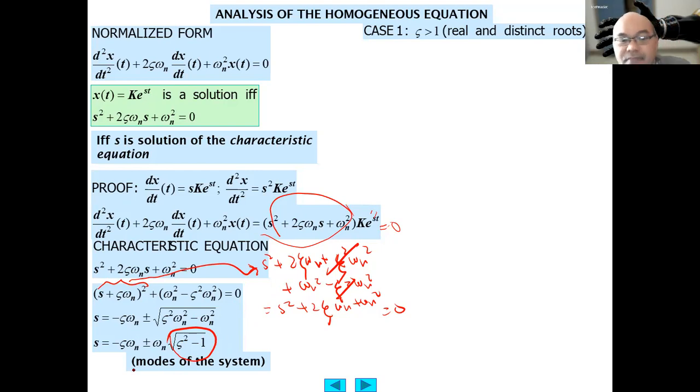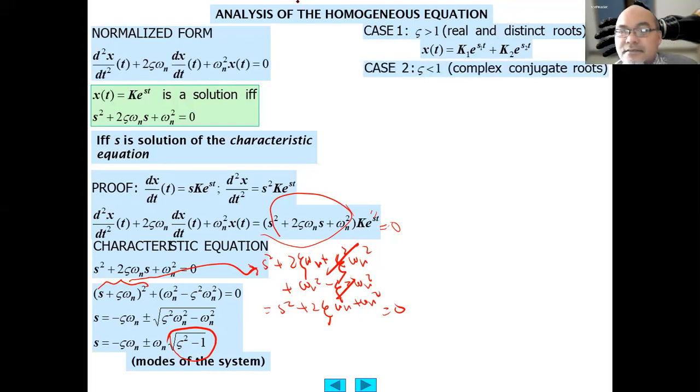The second root s2 is minus zeta omega n minus omega n times this value. Then the solution x(t) becomes k1 e^(s1 t) plus k2 e^(s2 t), since we have two distinct roots.